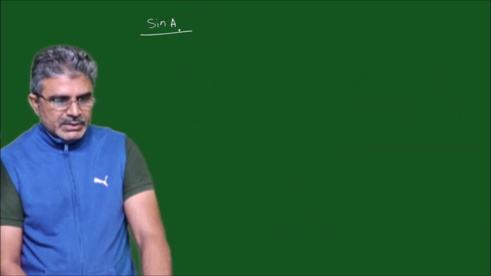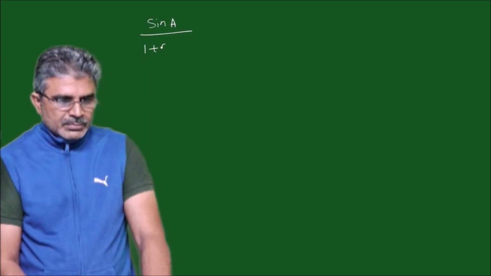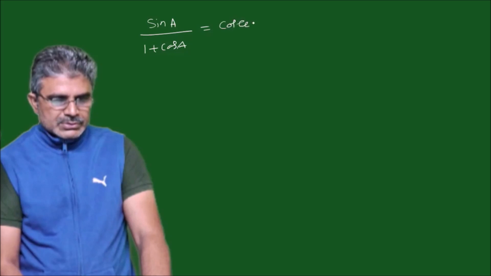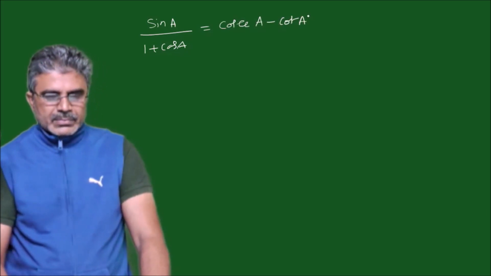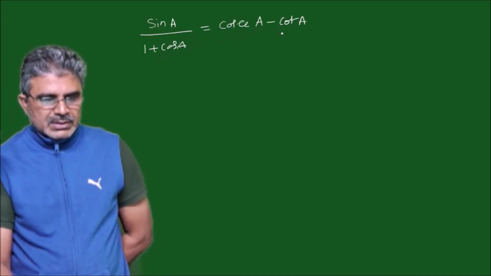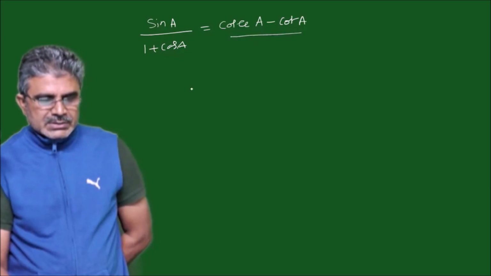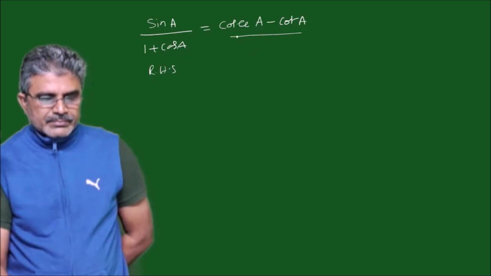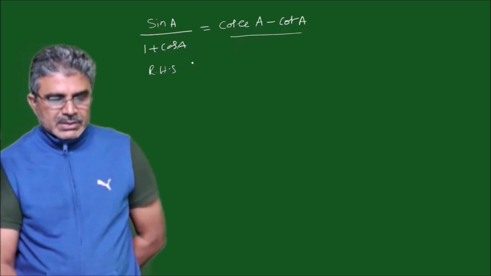Our next question is sin A divided by 1 plus cos A should be equated to cosecant A minus cot A. So here in the RHS term you have cosecant and cot terms, and in the LHS you have sin and cos. Consider RHS here. I am considering RHS because those are the ratios we can convert into sin and cos.